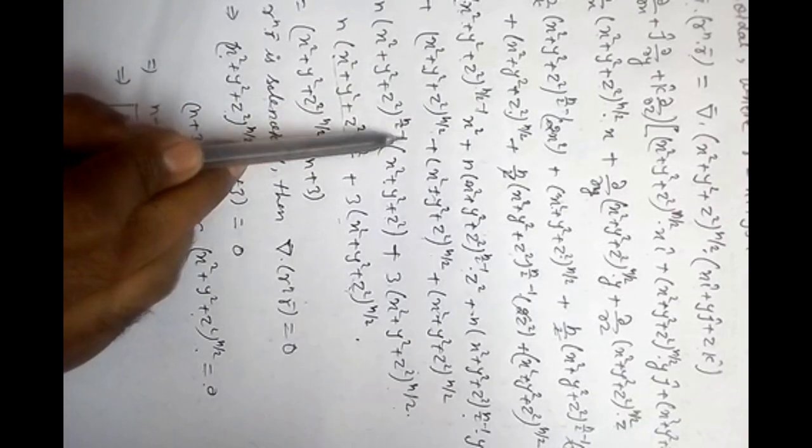Okay, now in multiplication the powers will be added, so minus 1 plus 1, that means n by 2 only. So n (x² + y² + z²)^(n/2) plus 3 times (x² + y² + z²)^(n/2). So taking this term common, we get n plus 3. For a solenoidal vector we have divergence of this vector equal to 0.